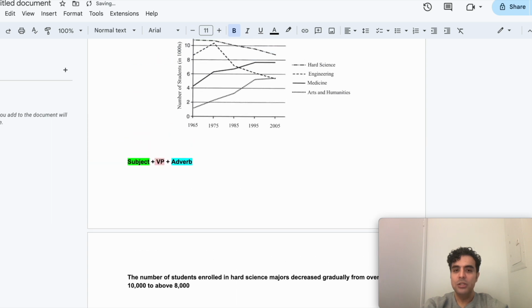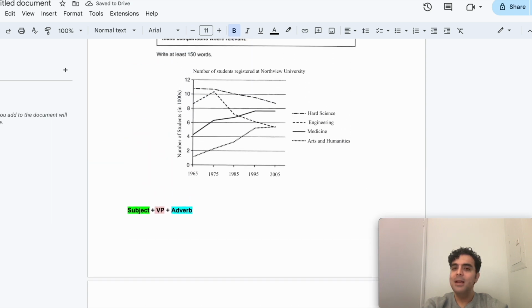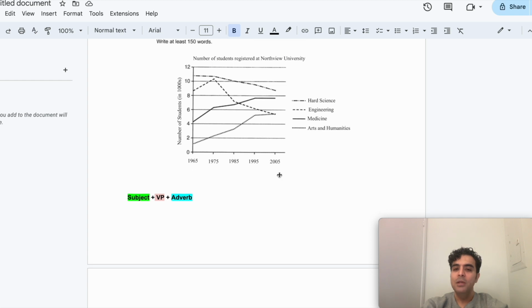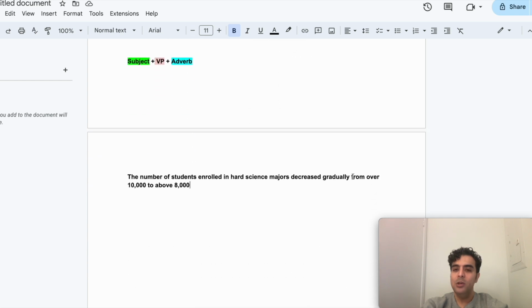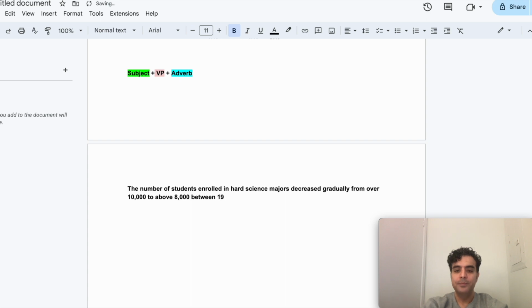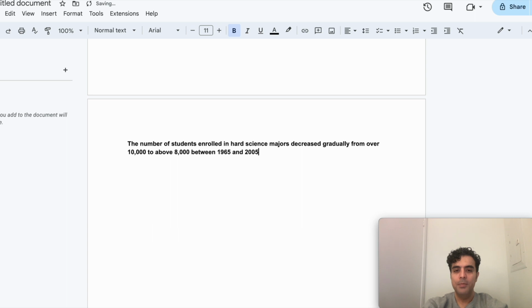So I mentioned the amounts, and then I need to mention the time, from 1965 to 2005. Now I've already used from to, so I'm going to use between now. So between 1965 and 2005. Right? There you go.